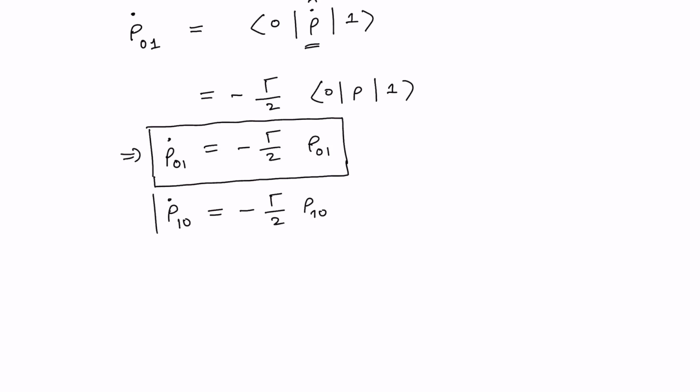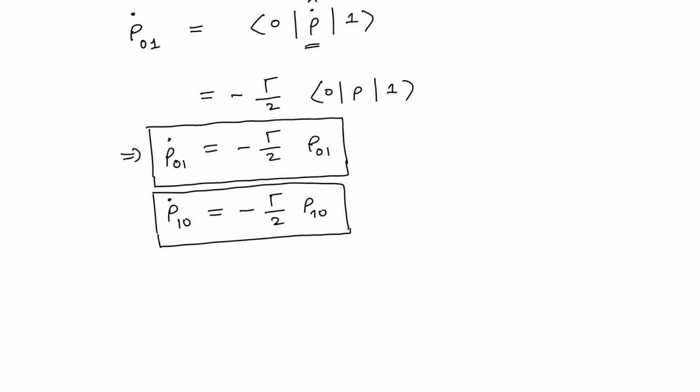So what you see is that the Lindblad master equation gives you the full information about the evolution of all the density matrix elements. The notable thing is that the off-diagonal elements of the density matrix also decay when the system relaxes from the excited state to the ground state because of spontaneous emission.